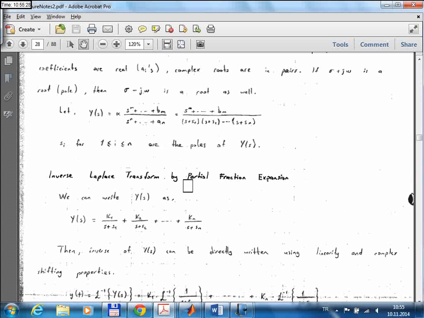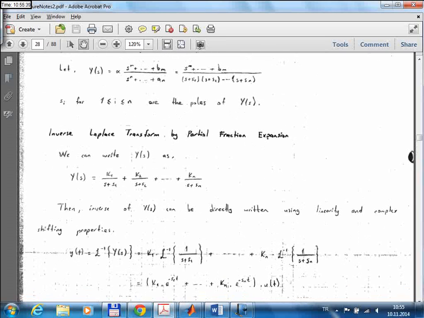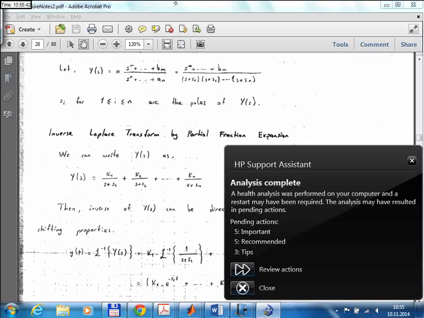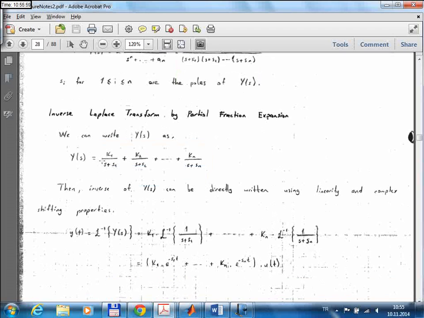Okay, so once you know where the poles are, we use a very powerful expansion which makes the inversion really easy, and this expansion allows us to write this rational function as the summation of these simpler terms, and so each term has first order denominator unless the poles are repeated, and for this you need to calculate the residues.